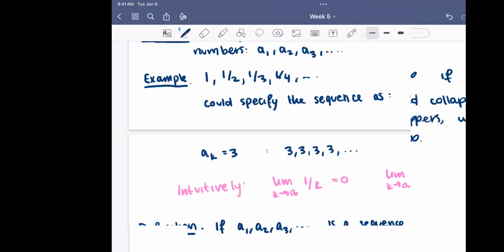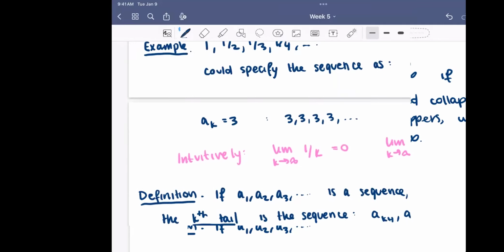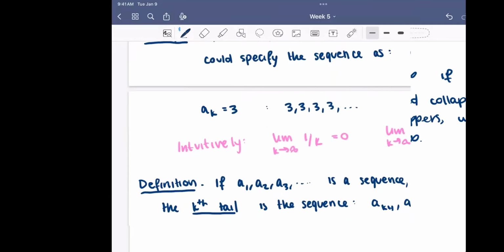So you start at a sub k plus 1, and then go to a sub k plus 2, a sub k plus 3, and so on. So all we've done is just chop off the first k terms.